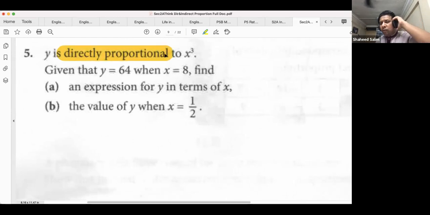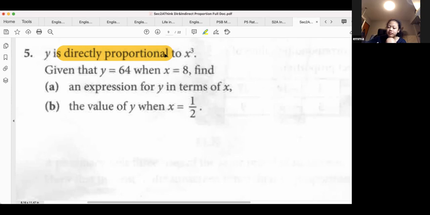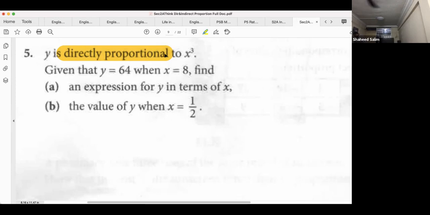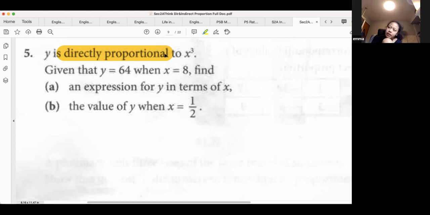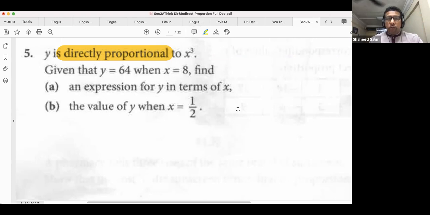Y equals to kx, so down here, y equals kx cubed. K equals 8. K equals to 8. Okay, let me check. You lead me through.